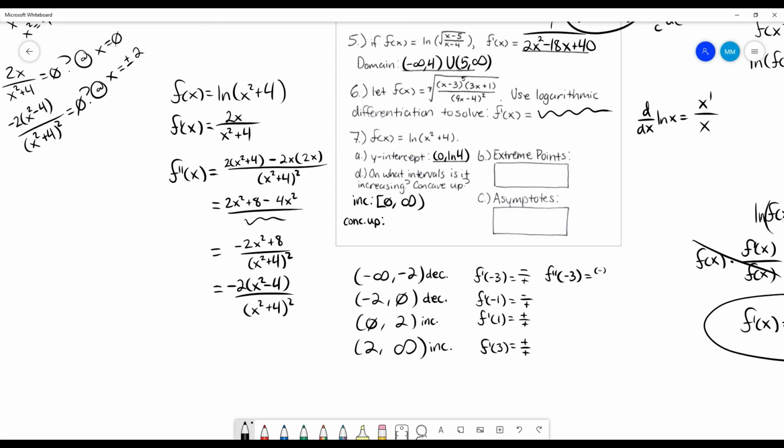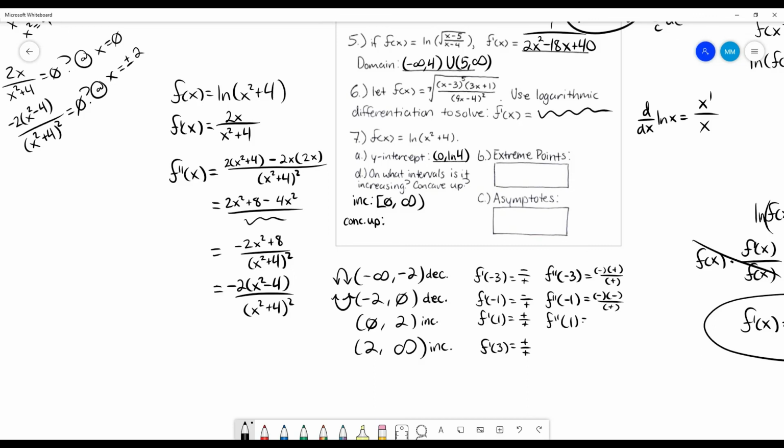So I have a -2 outside times a positive over a positive, which means it's an overall negative, or concave down. Plugging in a -1, I have that -2 on the outside. 1 minus 4 is -3. So that's positive overall because those negatives cancel out. It is concave up.